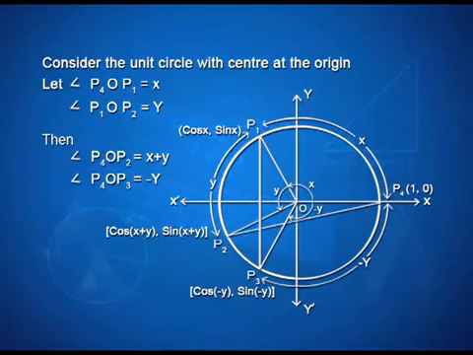with center O at the origin, and let angle P4 O P1 be x and angle P1 O P2 be y. Then angle P4 O P2 is equal to x plus y. Similarly, angle P4 O P3 is minus y.